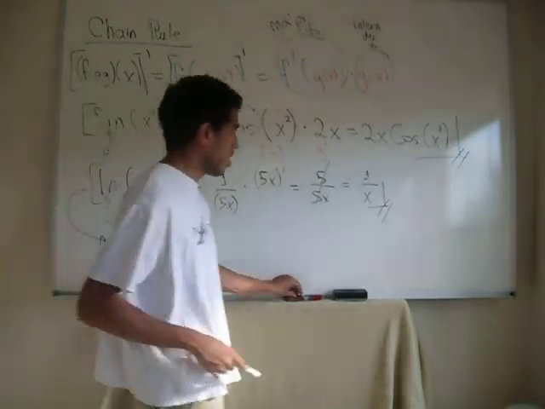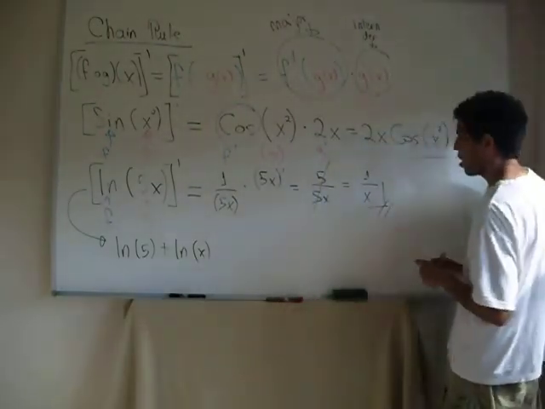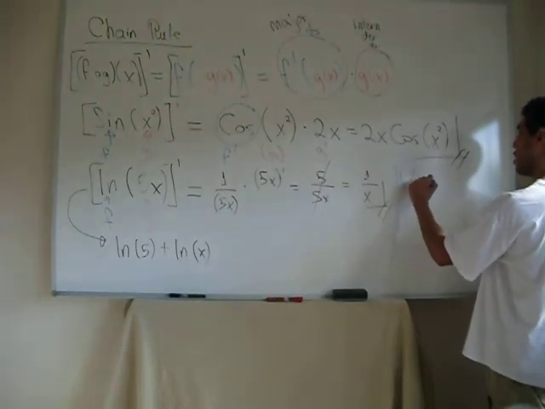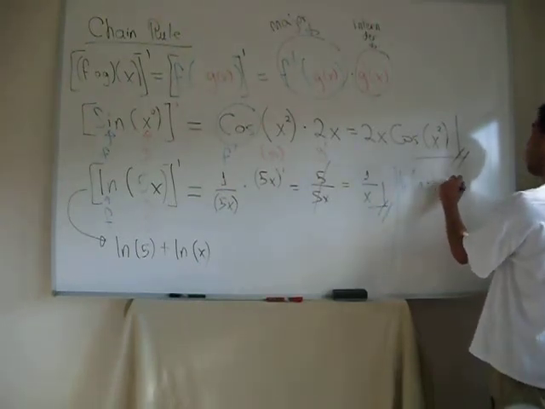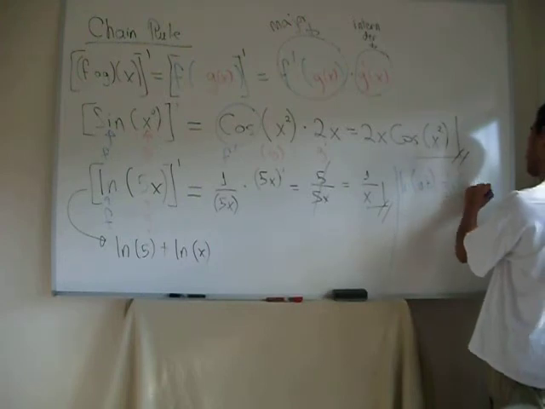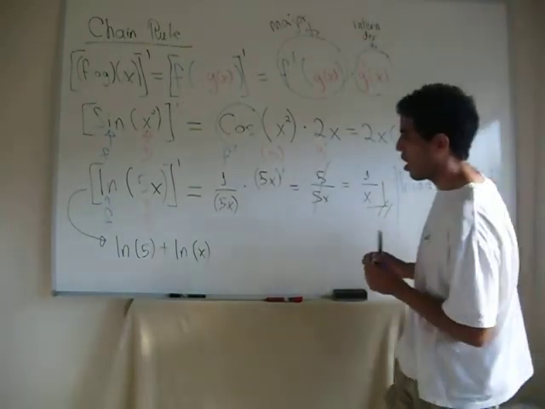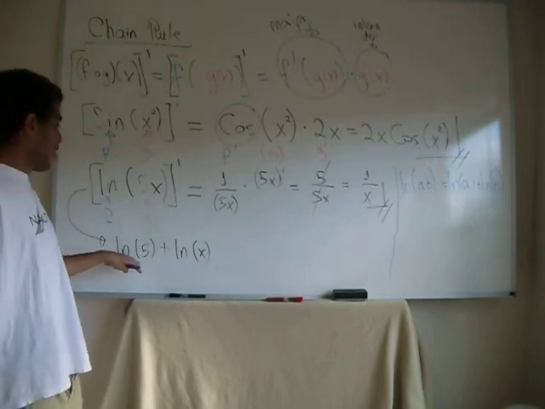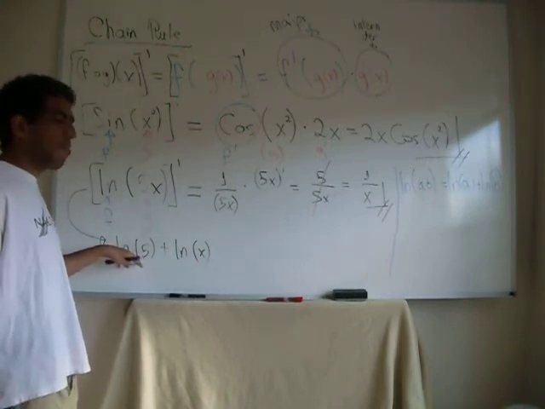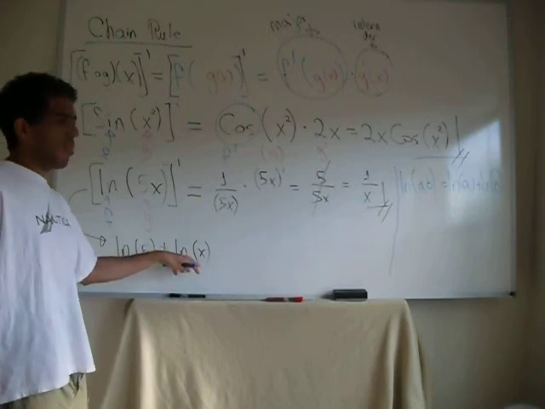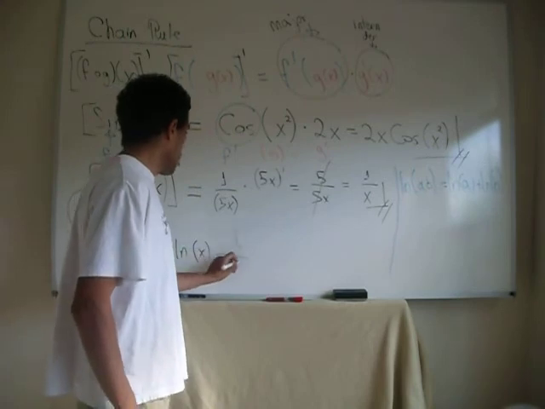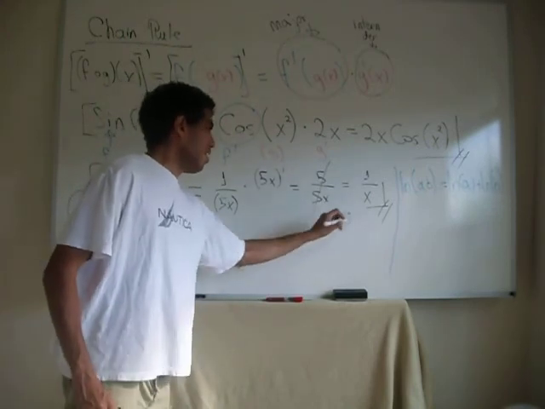Logarithm of a times b equals logarithm of a plus logarithm of b. So this is exactly the same. The derivative of log 5 is 0 because it is a number, and the derivative of log x is 1 over x, which is exactly what we have right here.